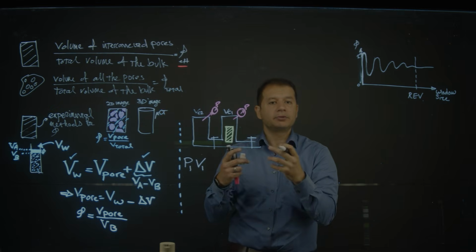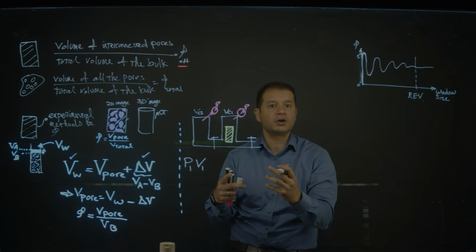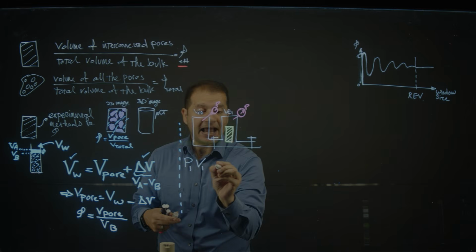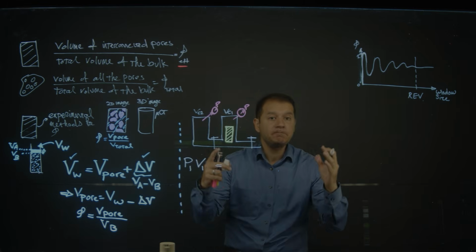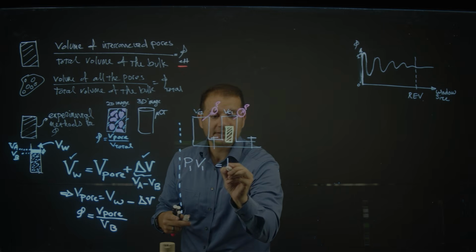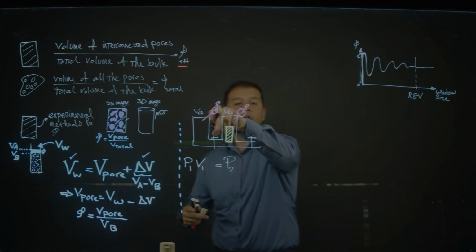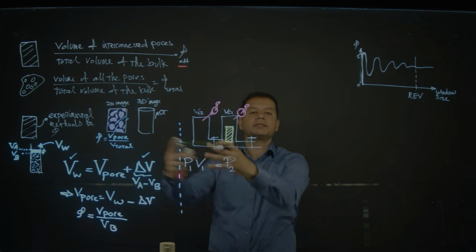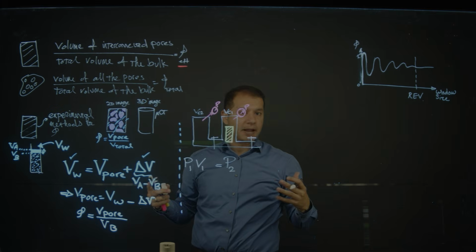If I open the other valve at constant temperature, so keeping the temperature of the system constant, my second pressure will be P2. So I'm opening the second valve, closing the first one, and then the gas spreads all over and fills up the other chamber.